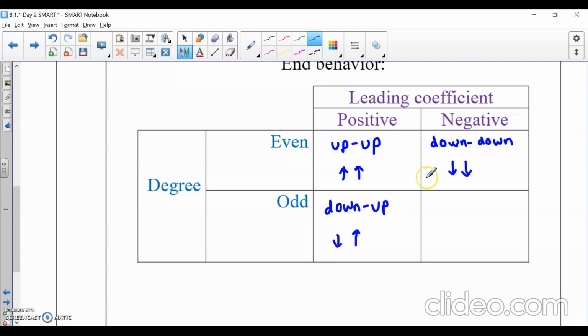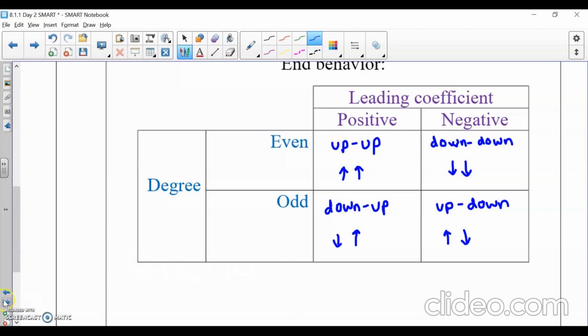And then for a negative leading coefficient with an odd degree, it's going to be like a flipped version of that. It's going to be up, down. So the left side's going to be pointed up and the right side's going to be pointed down.